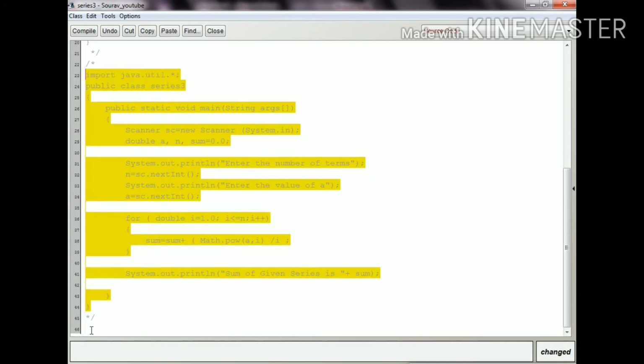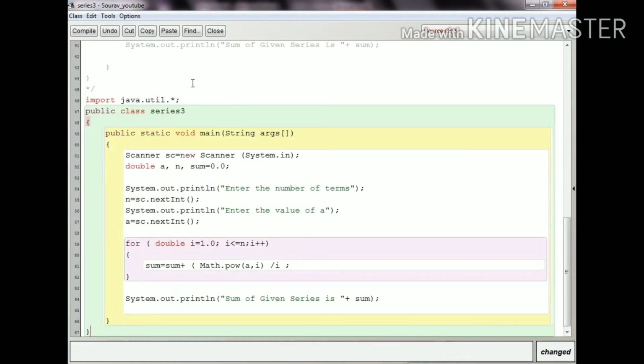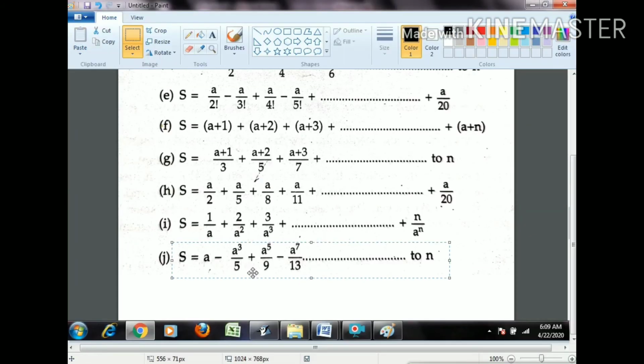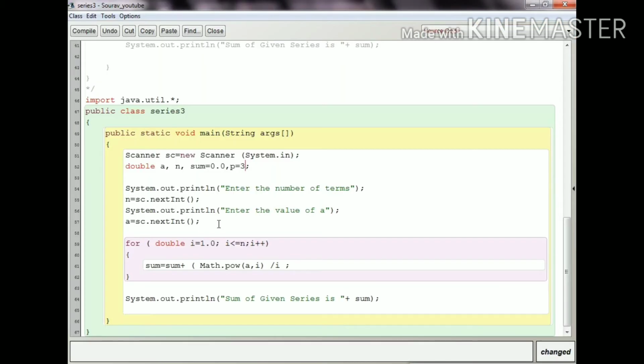Now I just take another variable here, p equals 3. Now just here the question a plus I by p. So I just write here a plus I by p, and after this line I write p plus equals 2.